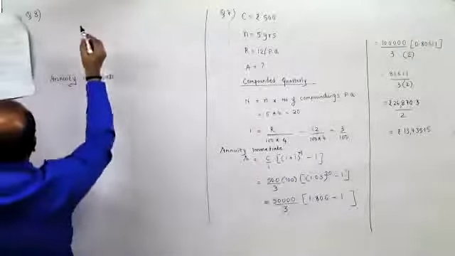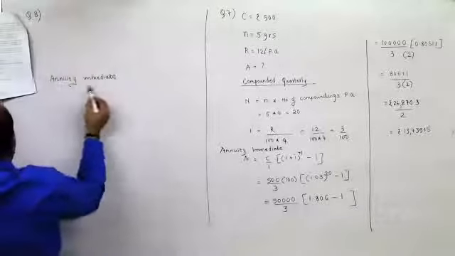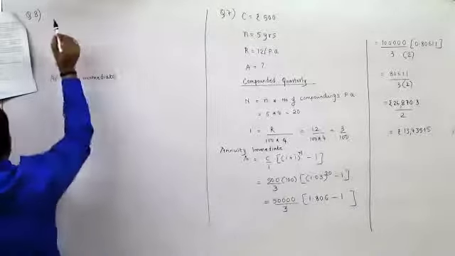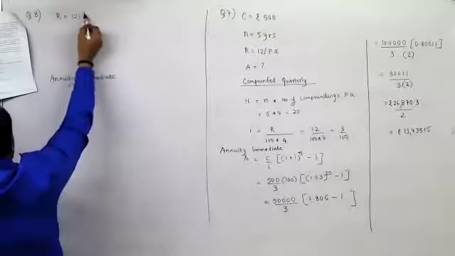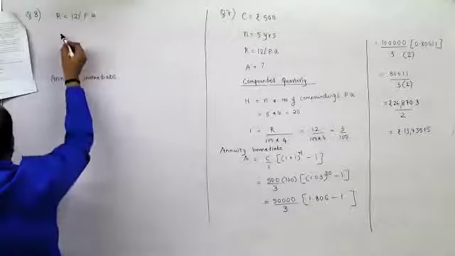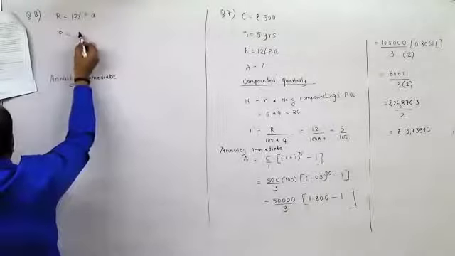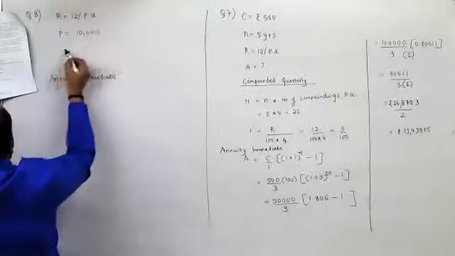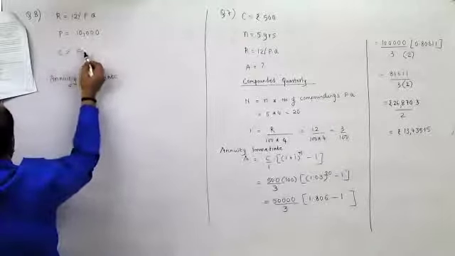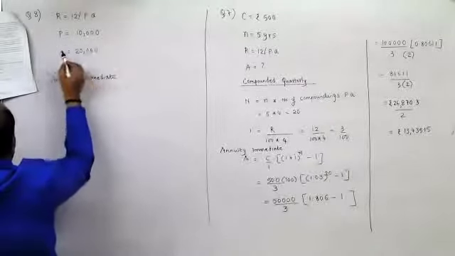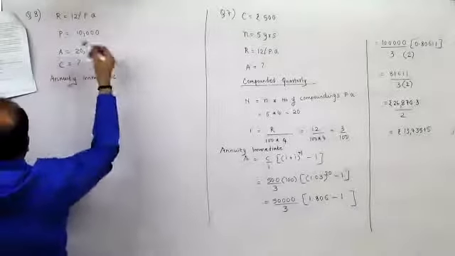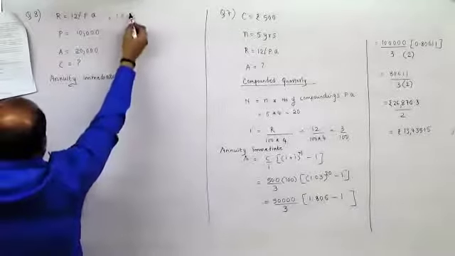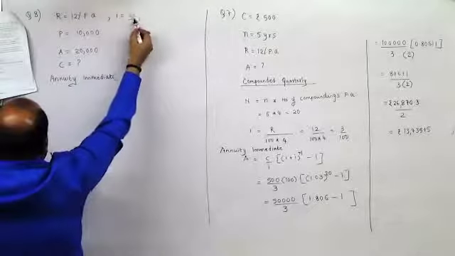Here, question 8. An annuity immediate is to be paid for some years at the rate of 12% per annum. R is 12% per annum. Present value P is 10,000. Accumulated value is 20,000. Find the amount of each installment. What is C? Now I would be R upon 100, so it is 12 upon 100.